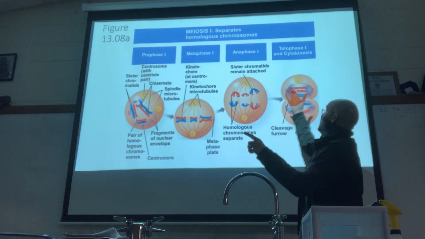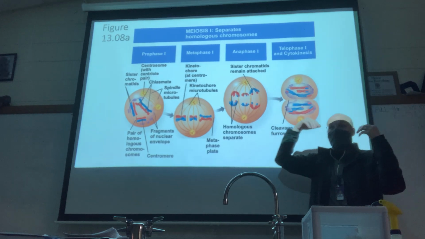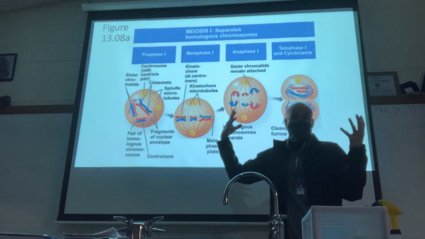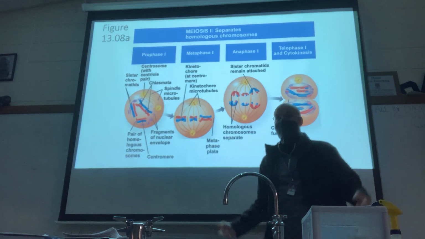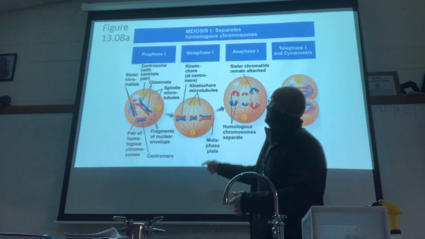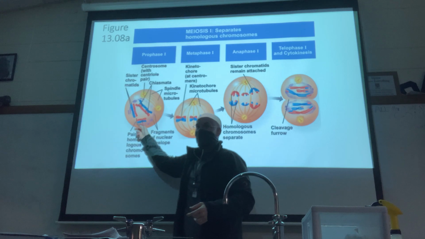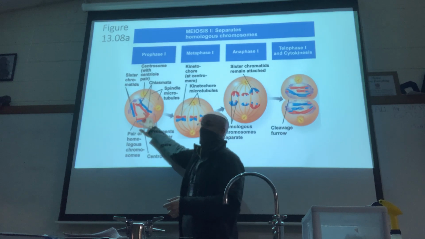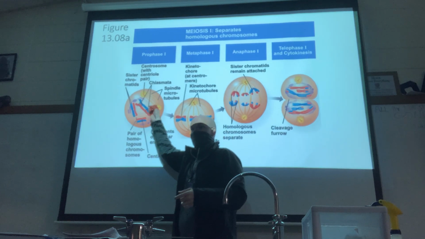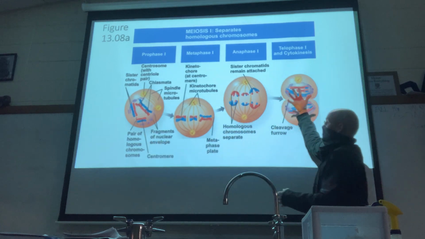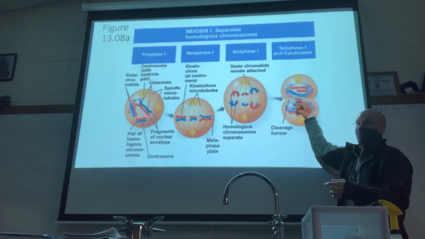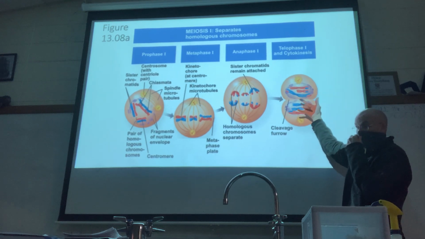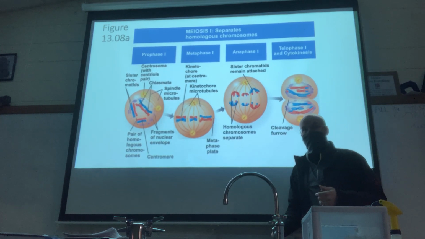The nucleus comes back, and the spindle fibers break down, because we don't need them anymore. So it's kind of the opposite of prophase. In prophase, the nucleus went away and the spindle fibers showed up. Now the nuclei of both of these cells will reappear, but the spindle fibers break down.